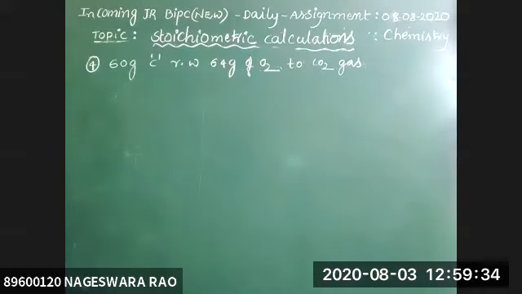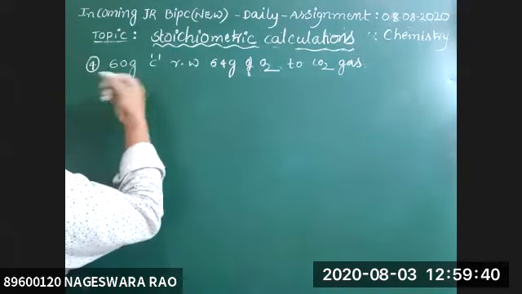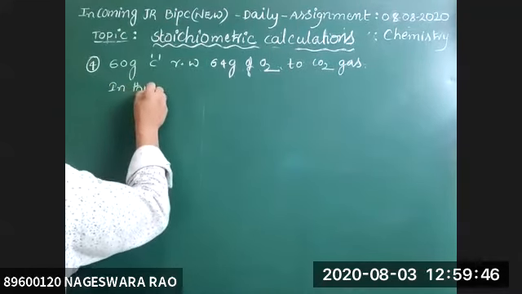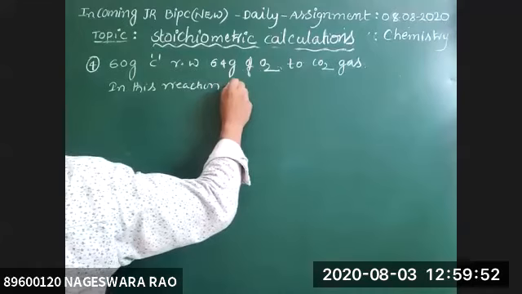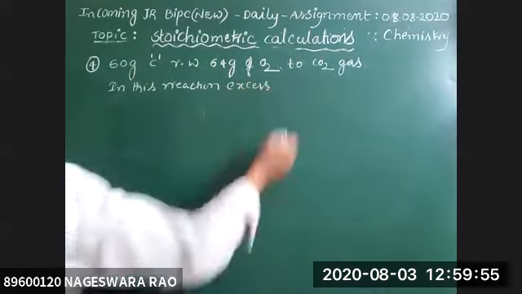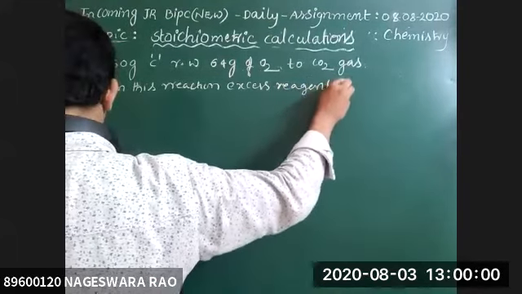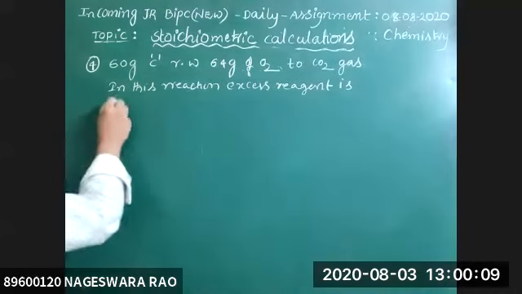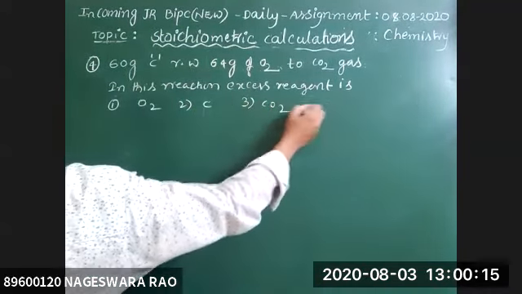In this reaction, the excess reagent is: O2, C, CO2, or all?